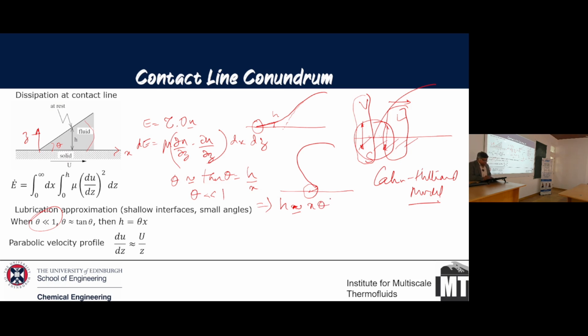If I substitute that, I can put h as theta x into the limit here, and obviously you have this du by dz, and du by dz is approximately u by z. It's again an approximation; we are just doing a scaling argument here.